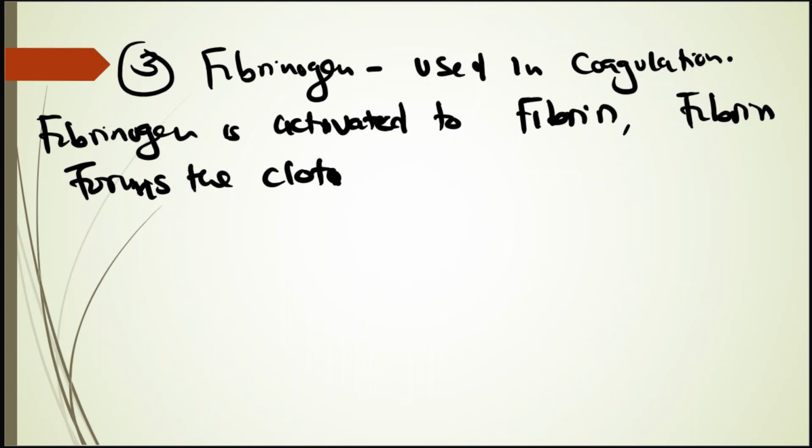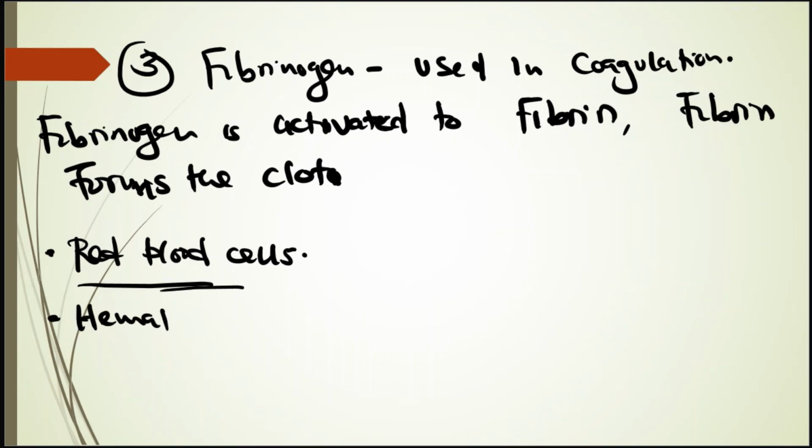Okay. So now there's something I really want you to know, that red blood cells, the amount of red blood cells in the blood is what we call hematocrit. Hematocrit. Okay.